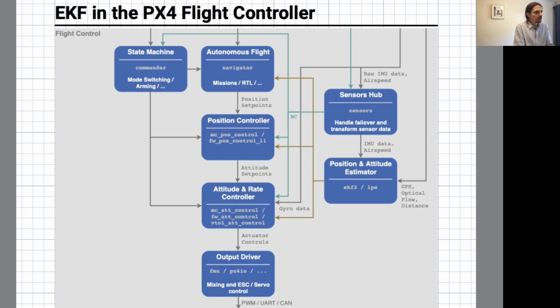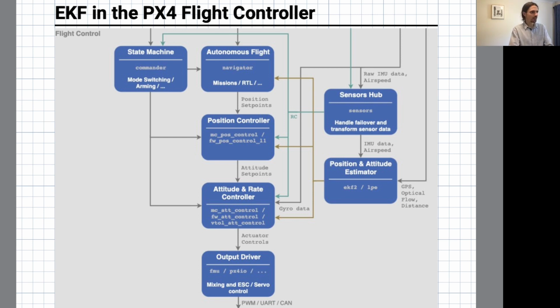So this slide is just for you to see that I don't tell you fairy tales. What we study here is used in the real world, right? This figure here is the architecture of a flight controller, typically used in drones.